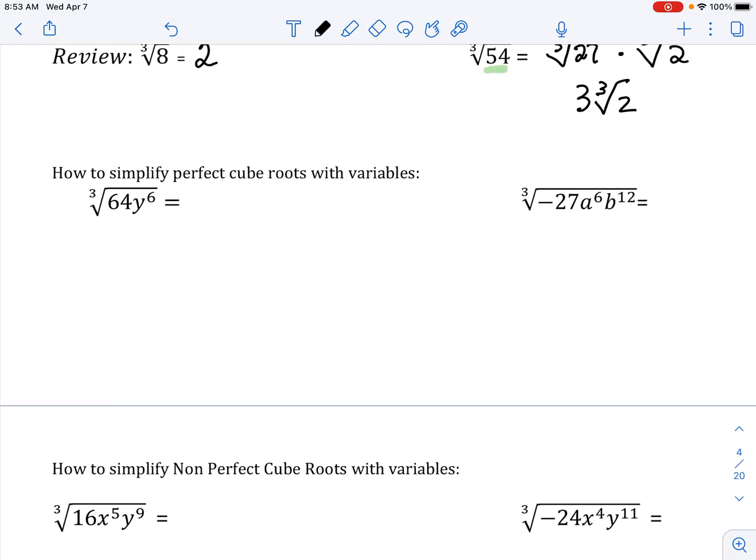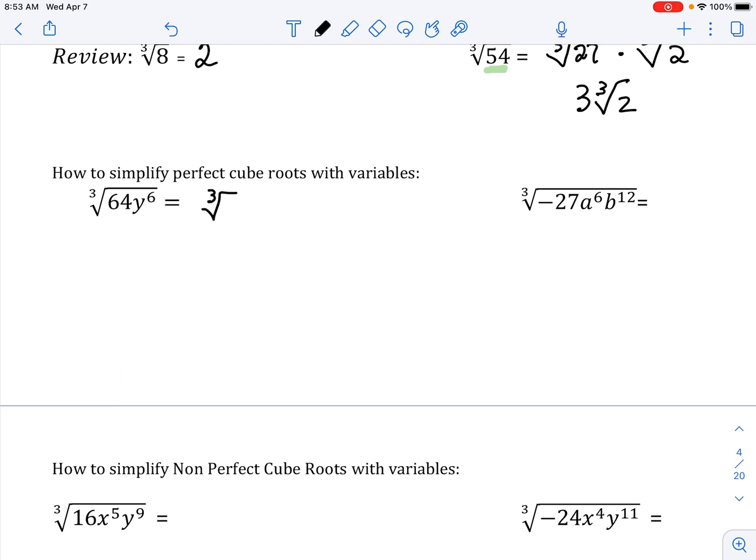What do we do if we have variables on the inside? Well, when we had variables on the inside and it was square rooting, we knew that every 2 variables, 1 came out. In this case, every 3 variables, 1 is going to come out. So again, you can expand it.